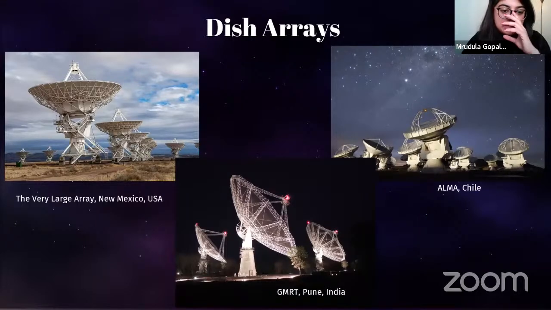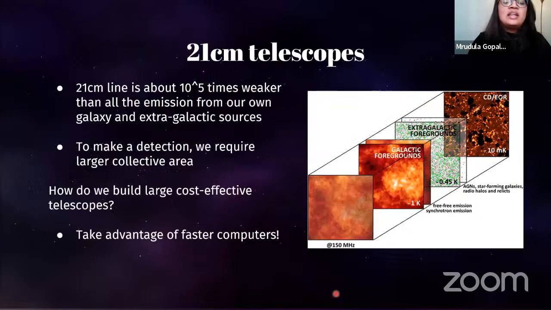Okay, so now I want to go back and stress why we need bigger diameter telescopes. Here is a picture from a research paper, and I want to take a minute to tell you what's happening in it. The 21 centimeter signal that we are interested in is shown here.